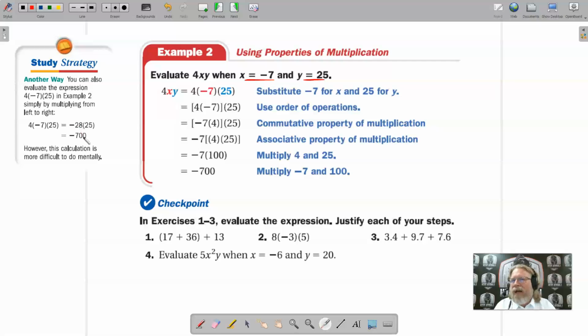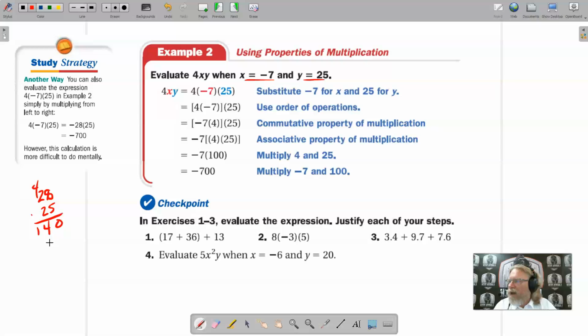You probably get a calculator or get a piece of paper out and scratch it out and use a traditional algorithm to solve that. Whenever I say traditional algorithm, you would have done 28 times 25. 8 times 5 is 40. And see, I can't help myself.